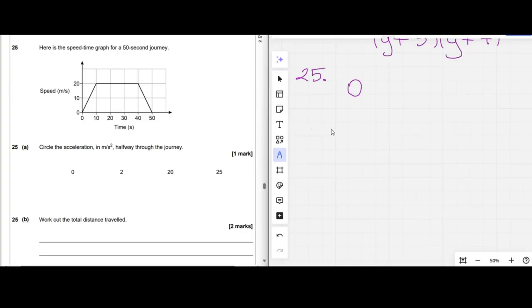Work out the total distance traveled. Speed is distance over time. So distance is speed times time.